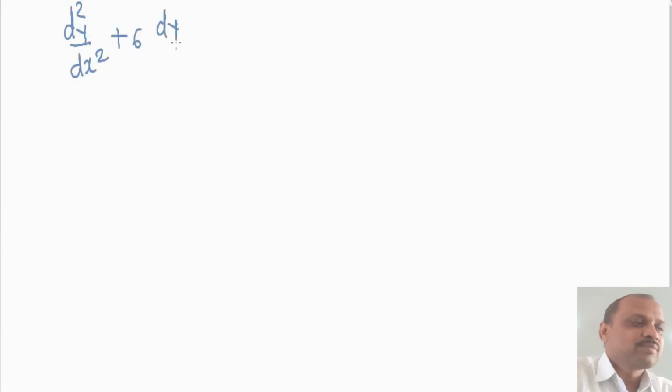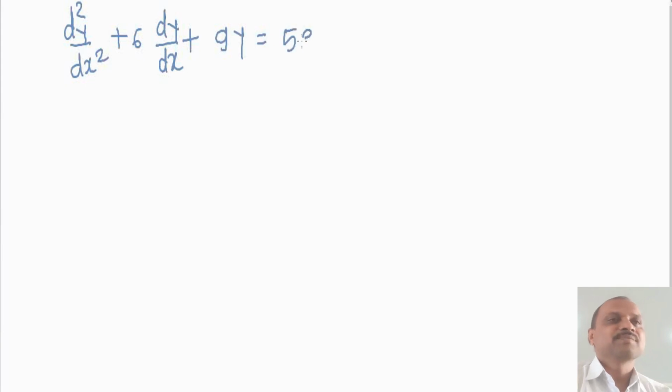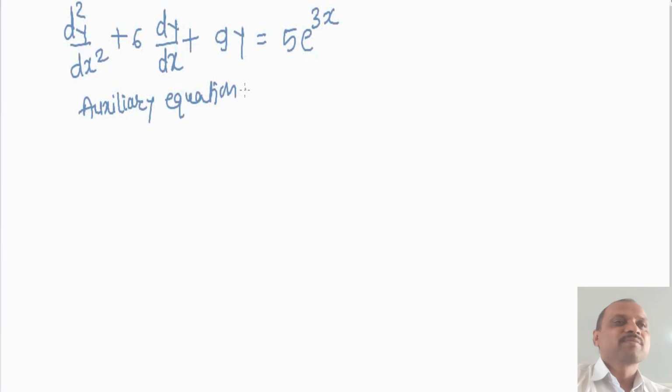Suppose the differential equation is d2y by dx square plus 6 into dy by dx plus 9y equals 5 into e raised to 3x. Now to find the solution of this, what is the auxiliary equation? m square plus 6m plus 9 equals 0.